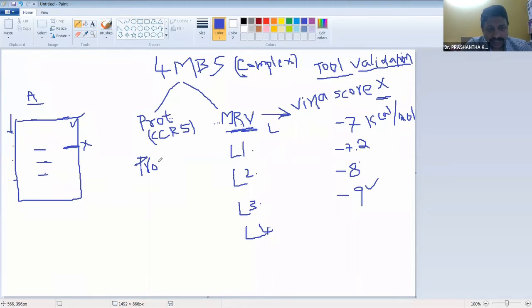One should be referred to as the protein, 4MBS A chain.pdb, and another file should be mrv.pdb as the second file, that is the ligand file.